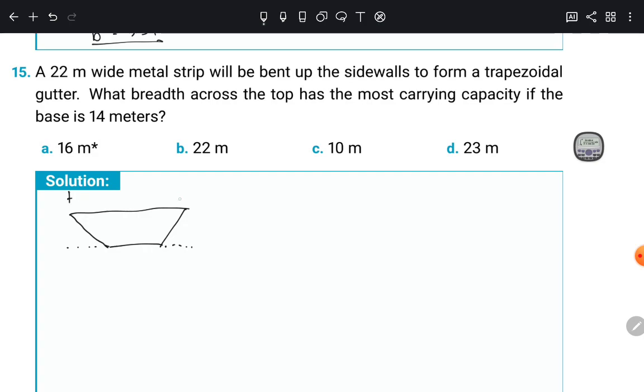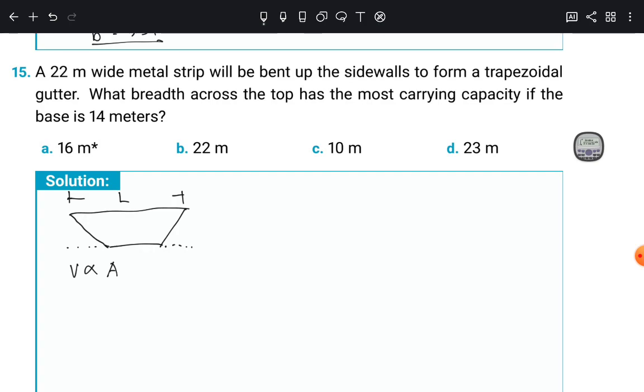So what we want is to solve for this length here at the top, for it to be carrying the most capacity or maximum volume. So for maximum volume, we can just maximize the area, because the volume is proportional to the area of the trapezoid, since the length of the gutter is constant. So the higher the area, the larger the volume.